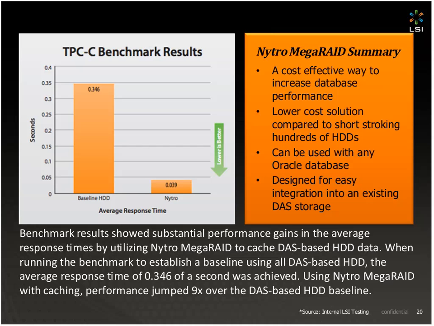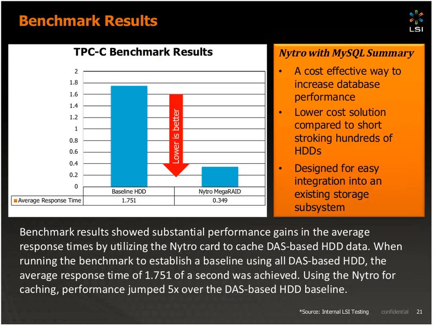On the right, introducing Nitro MegaRAID, we increased performance almost 10 times. So very good performance. Again, no DBA changes. They're not aware that we're even caching.